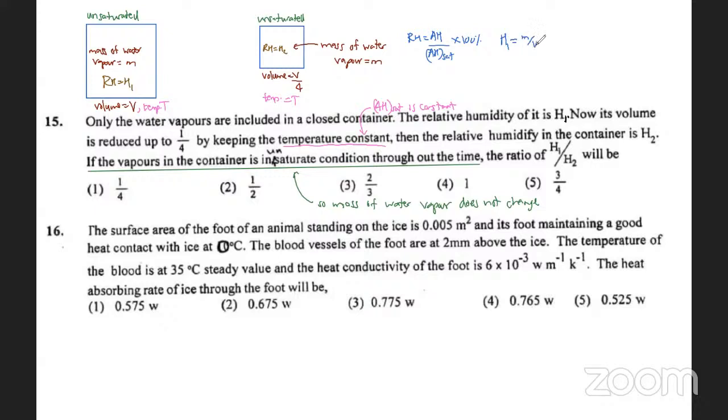Mass over volume over absolute humidity of saturated vapor into 100. And H2 only changes the volume. We have to be a little careful now. Divided by 0.25 V, over absolute humidity of saturated vapor into 100.